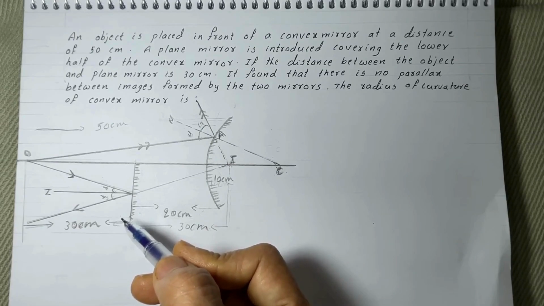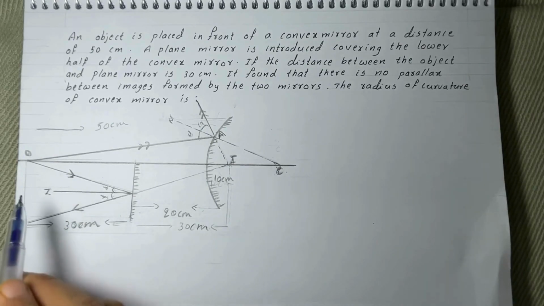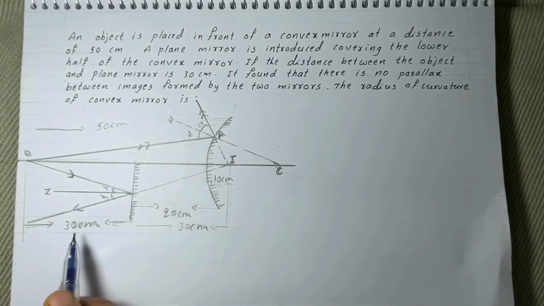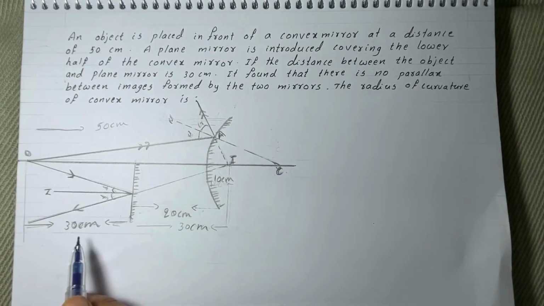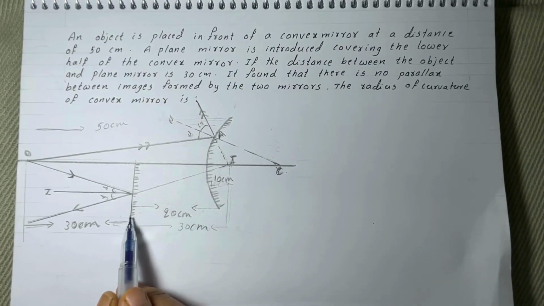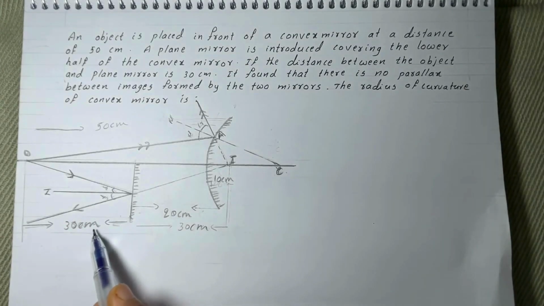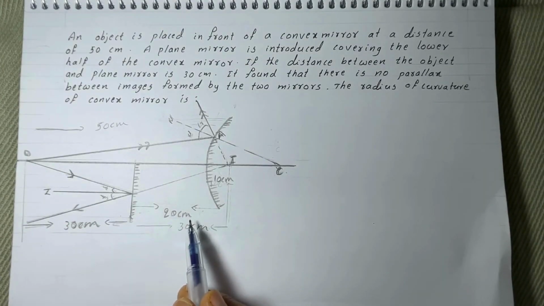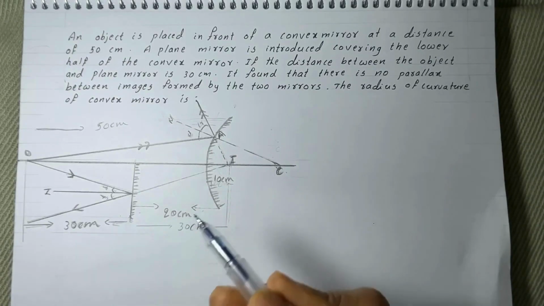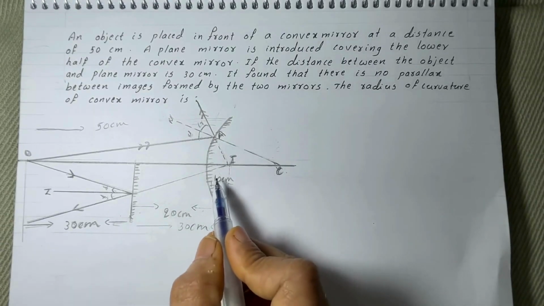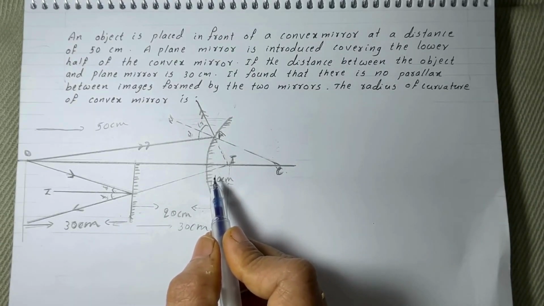The distance between object and plane mirror is 30 centimeters. Now the distance between the plane mirror and convex mirror is 50 minus 30, that is equal to 20 centimeters. And we have to find out the radius of curvature of the convex mirror.